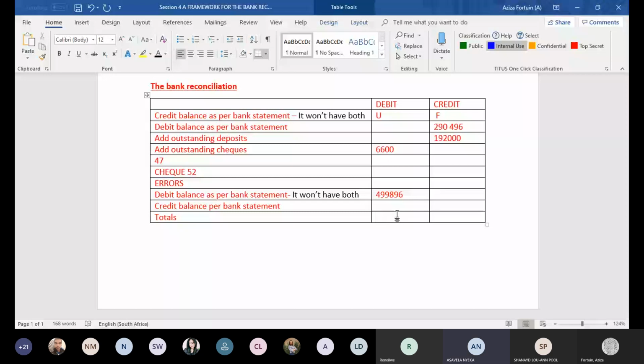There's also one check, Aziza, which I forgot to include. Which one? 4781 on the 27th. Yes, 24,000. It appears on the bank statement, but I don't see it. Oh, it was an error.